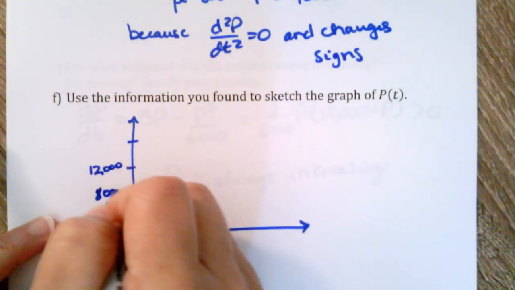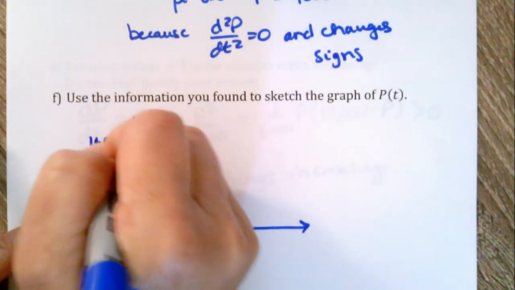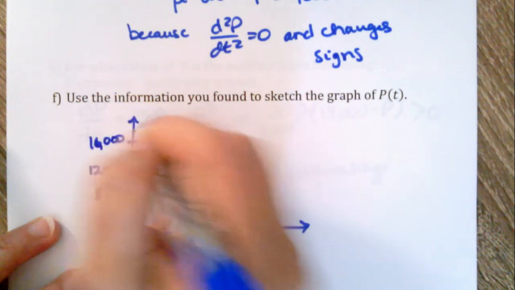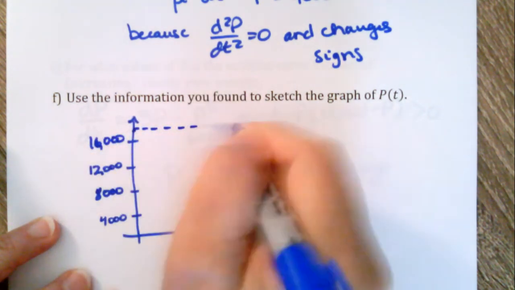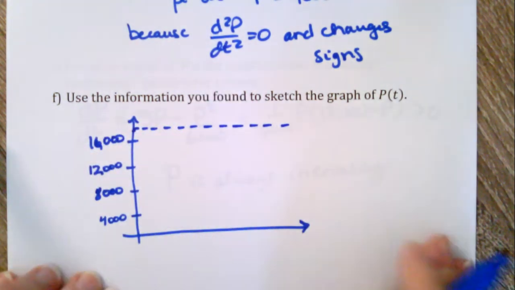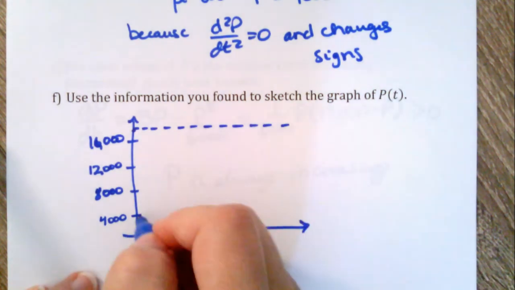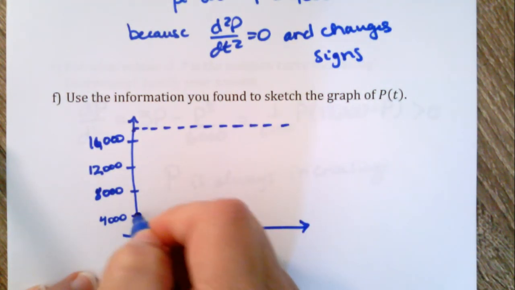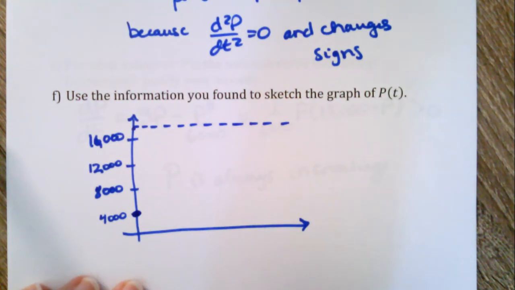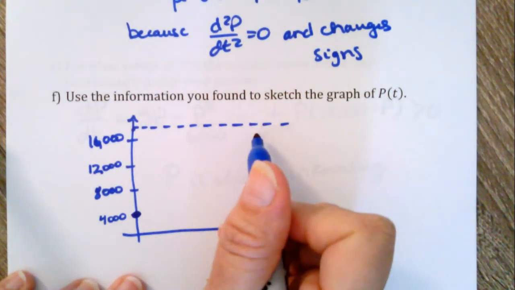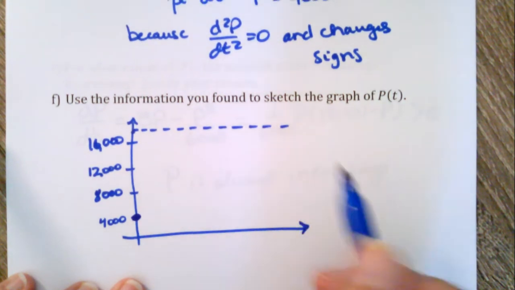So 18,000 would be about right here. It's going to be a horizontal asymptote for our graph. We're starting when time is 0, here at 4,000. That's our initial value. And we know the curve is always going to increase. It's going to approach that carrying capacity of 18,000.